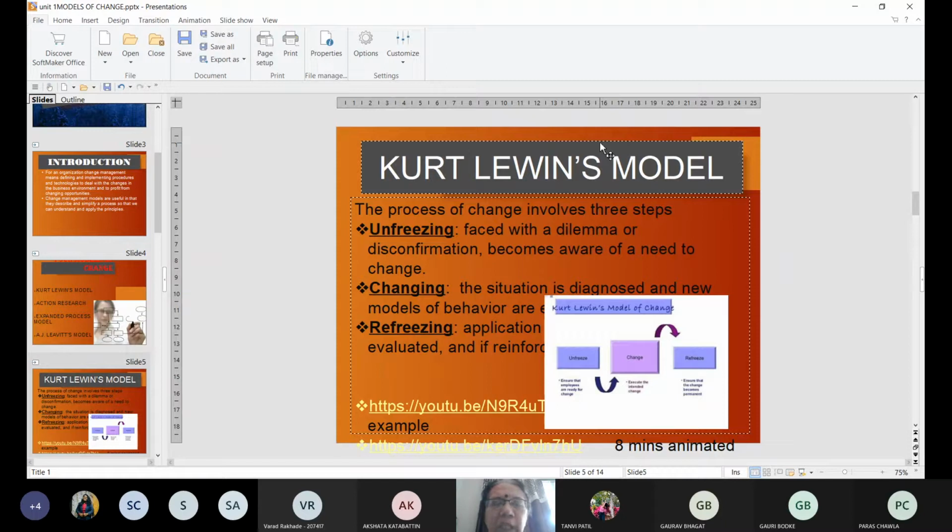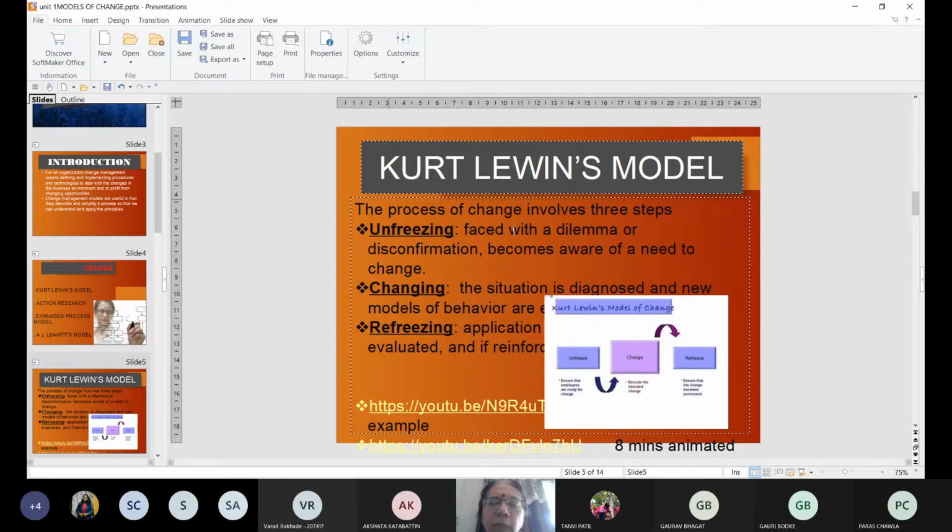Second step is changing. Third step is refreezing. Please remember these 3 steps. From the MCQ point of view, in your question paper, you might be asked to name any one or all the 3 steps. So, Kurt Lewin's model talks about the change process which follows 3 steps: unfreezing, changing, refreezing.